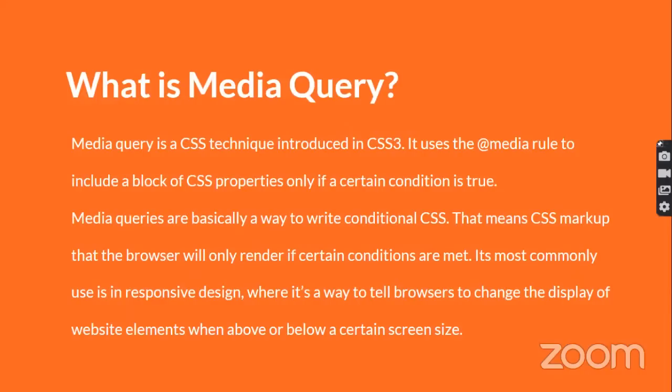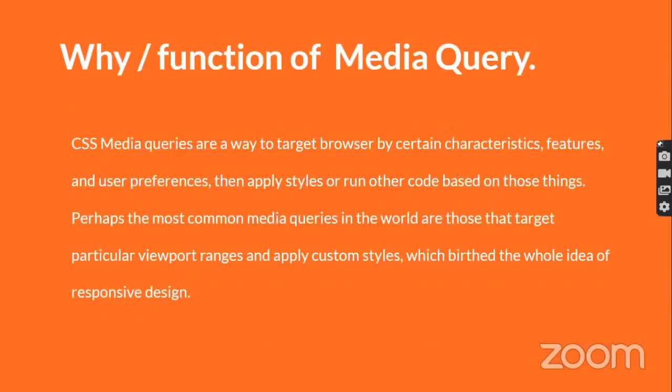So the next one is the why/function of media query. Media queries are a way to target browsers by certain characteristics, features, and user preferences, then apply styles or run other code based on those things.